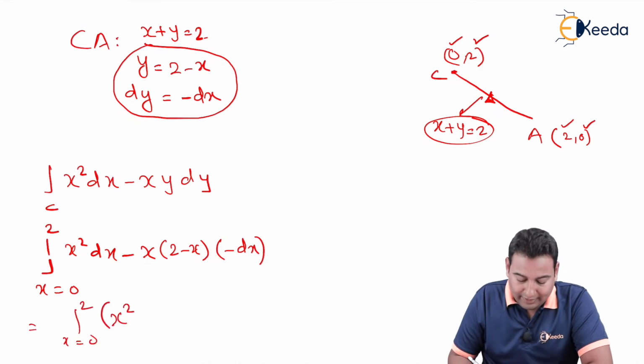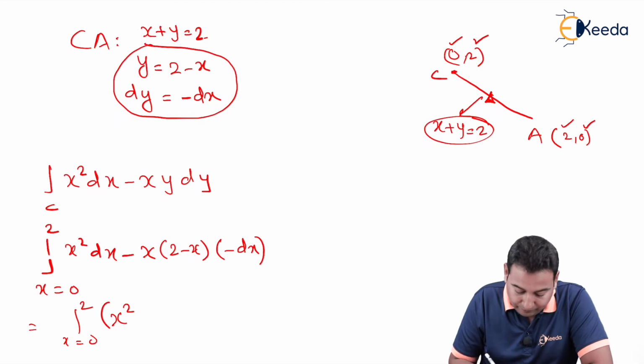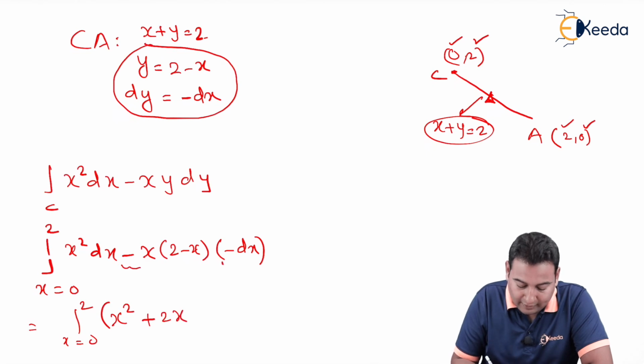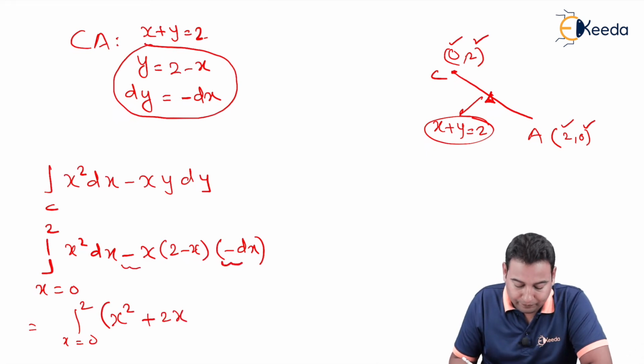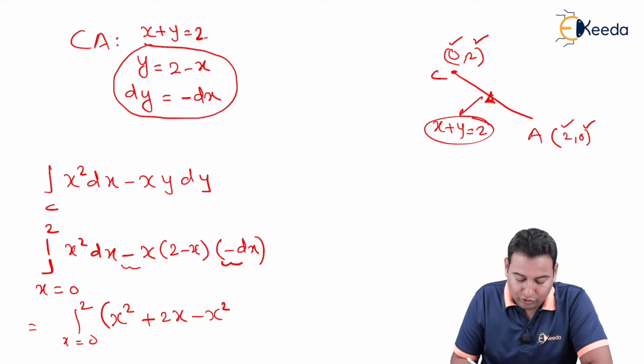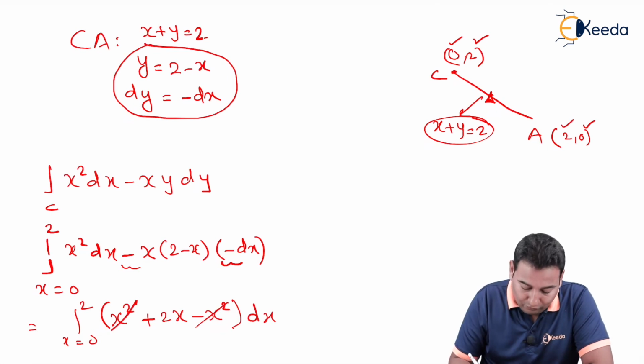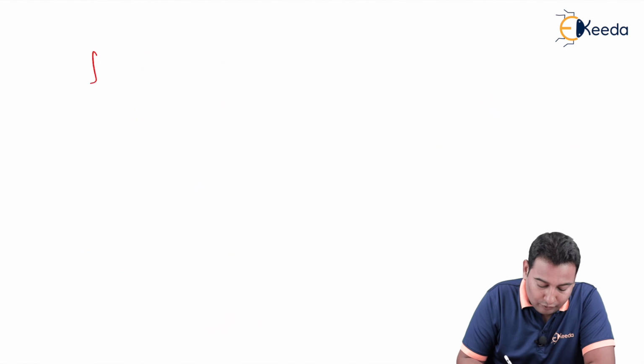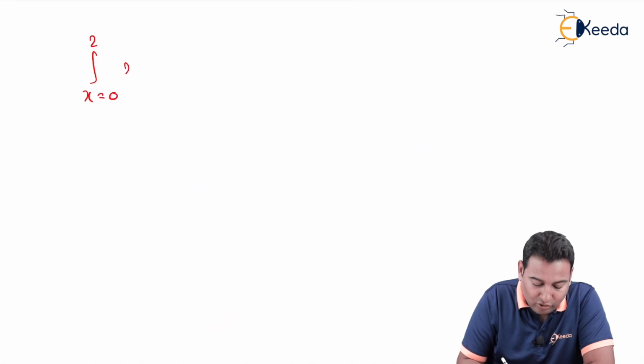X square dx I'll be taking outside, plus 2x, because this minus and this minus will become plus, minus x square into dx. Open the brackets, you'll get the answer. This will be cancelled and I'm left with x equal to 0 to 2, inside 2x only.